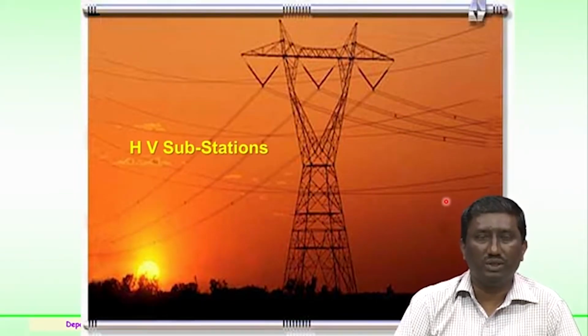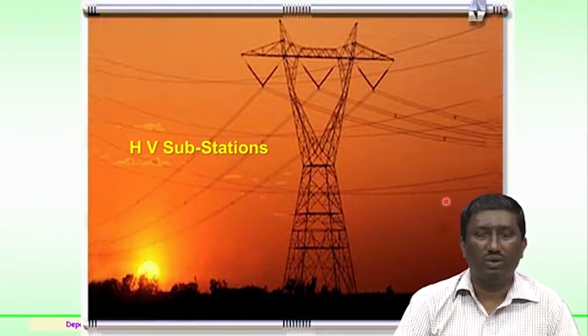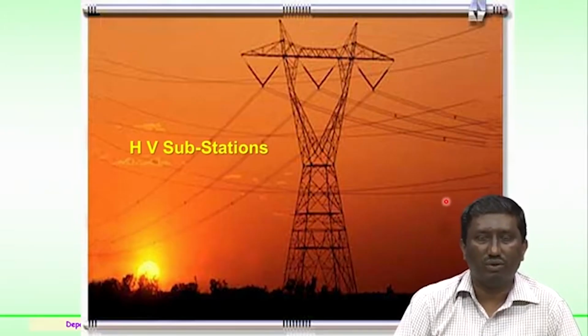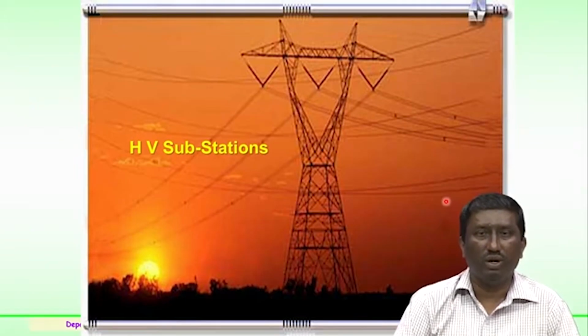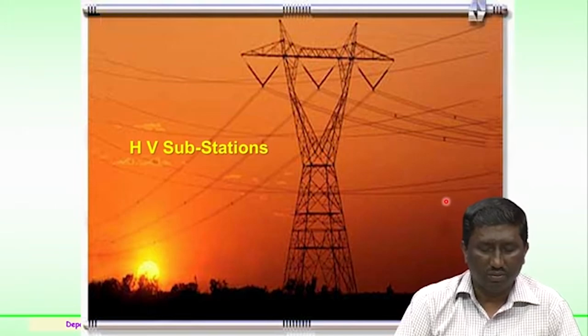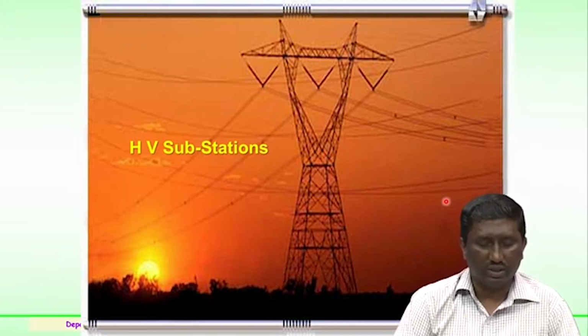So, from the transmission to the distribution substation, the transmission is done, and from the distribution locally, the high voltage substations perform the next important role of stepping up or stepping down the voltage levels from the transmission to the distribution, and this forms an important part of the distribution network.